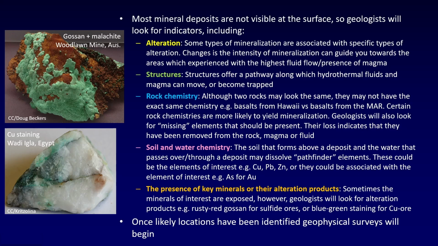If you think about something like a porphyry copper deposit, the ore itself will typically only contain about 0.5% copper sulfide mineral. And typically those copper sulfide minerals will be disseminated, so they'll be there as a fine mist of copper sulfide minerals spread throughout your rock. So they're not going to be easy to see.